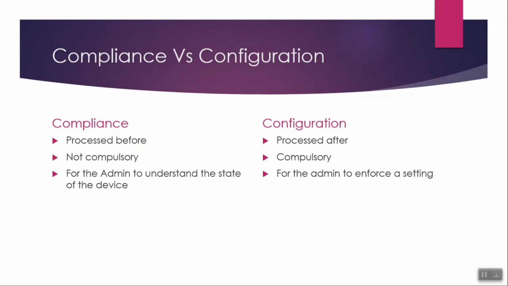However, if the configuration policy says that the device should have a password of 10 digits and an OS version of 8, and the device is not adhering to any one of them, then the end user is going to keep on getting prompts an unlimited number of times until they actually do something about it. So they will not be able to seamlessly use their device until they change their password or upgrade their OS.